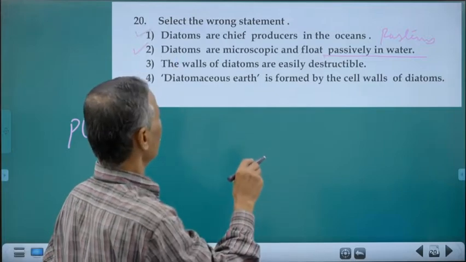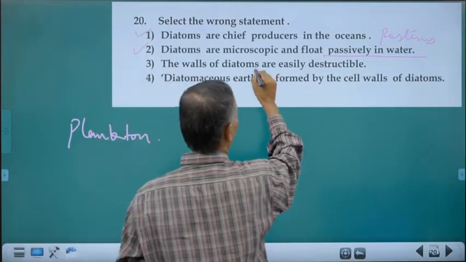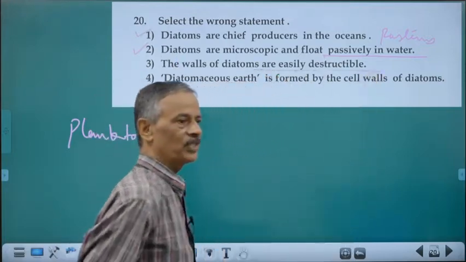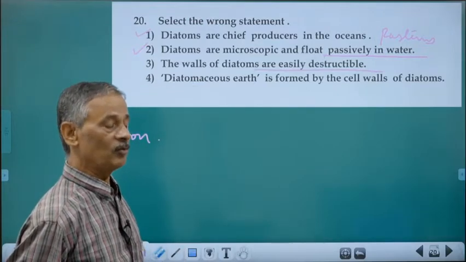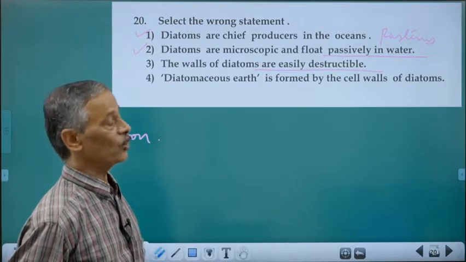The wall of diatoms is easily destructible? No. Since they are made up of silica, it is indestructible. That is why even after death they remain. They are not easily destroyed.